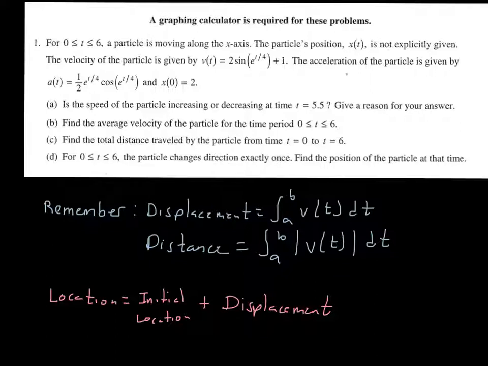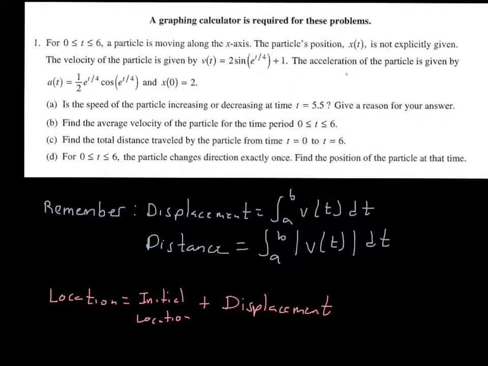to remember on this one is that they tell you in part D, from 0 to 6, the particle changes direction exactly one time. And they want you to find the position of the particle at that location. So you have a couple different things you have to keep in mind here. You have to find the displacement, which is actually distance and displacement in this case, because we're looking at where it changed direction.